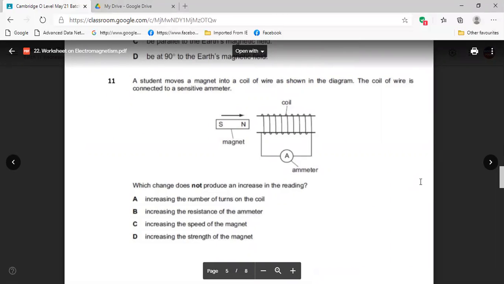A student moves a magnet into a coil of wire as shown in the diagram. The coil of wire is connected to a sensitive ammeter. Which change does not produce an increase in reading?